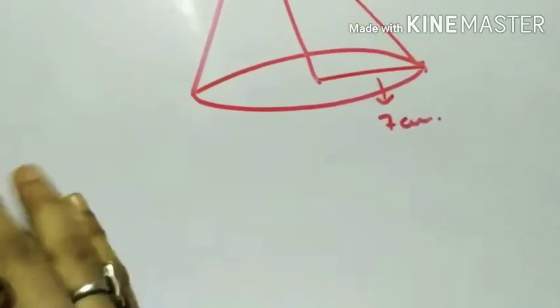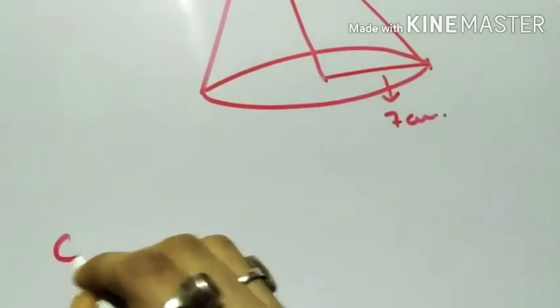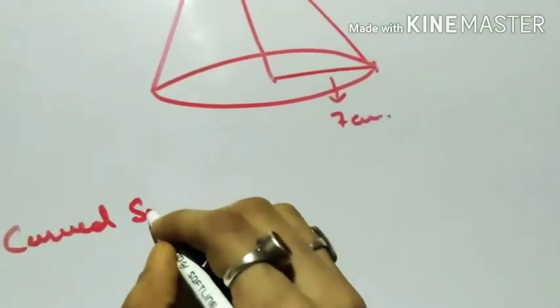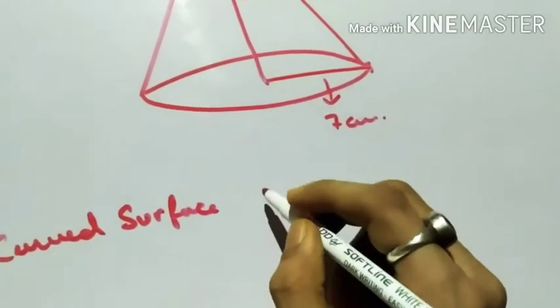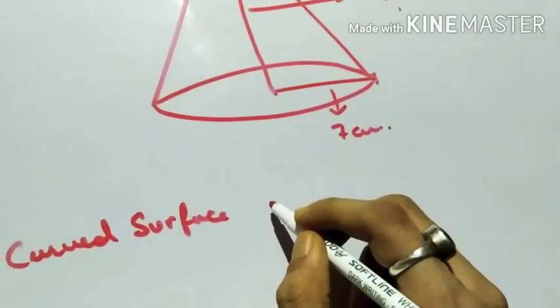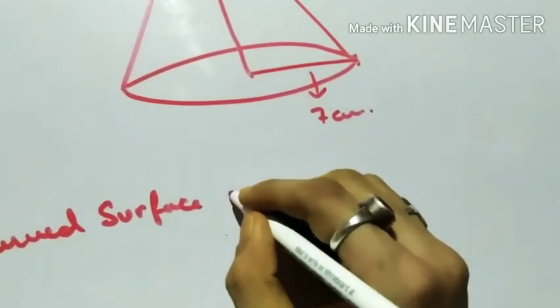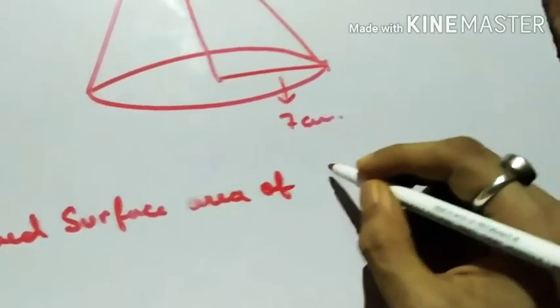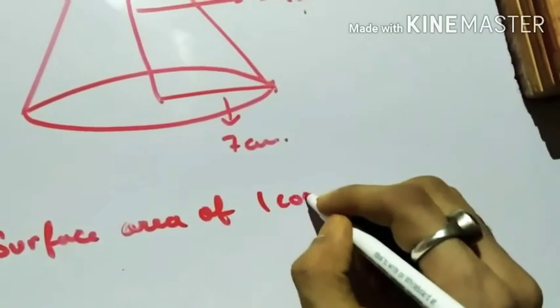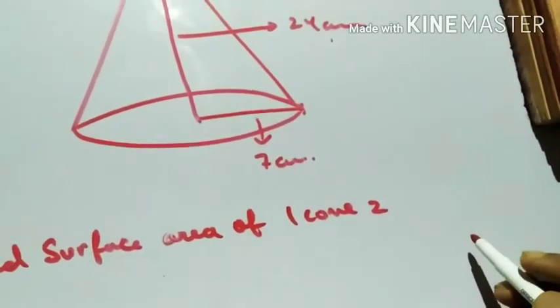Now we will have to find the curved surface area of one cone.